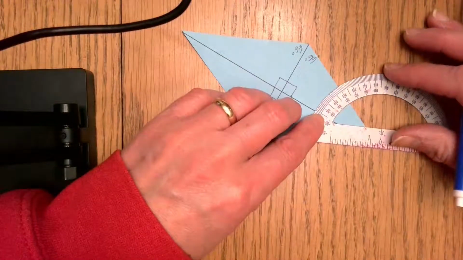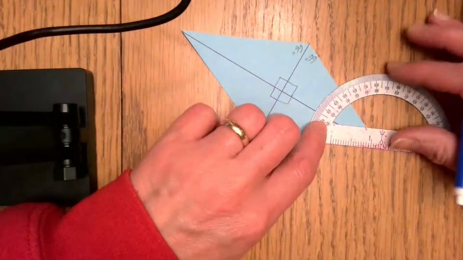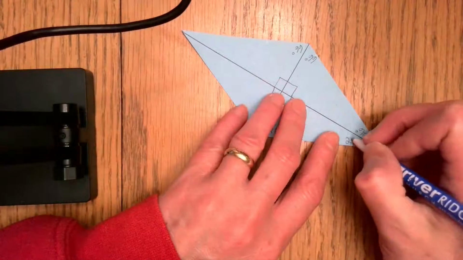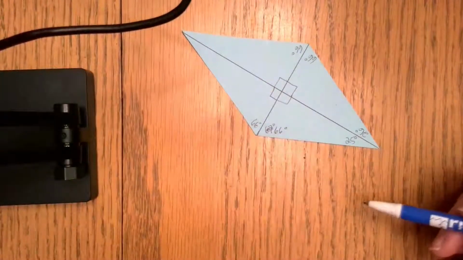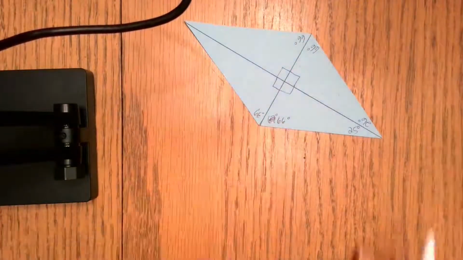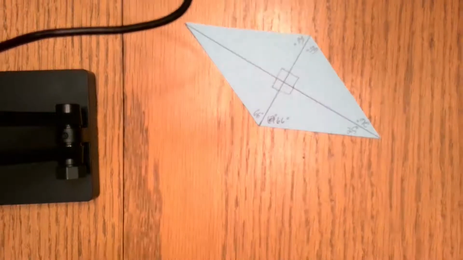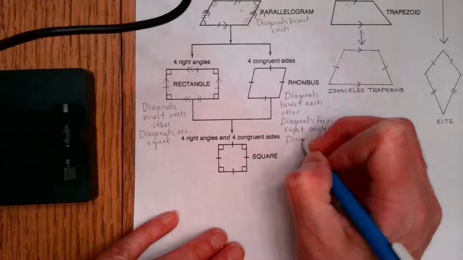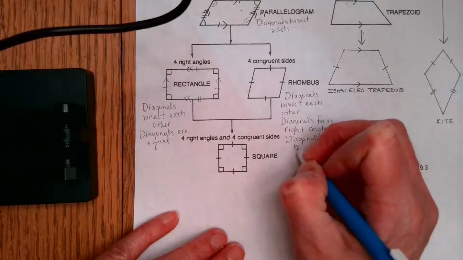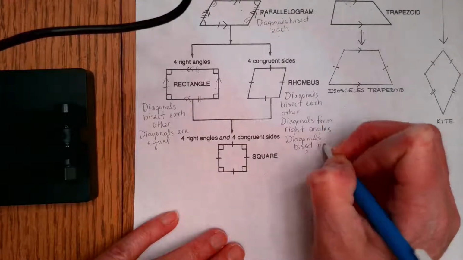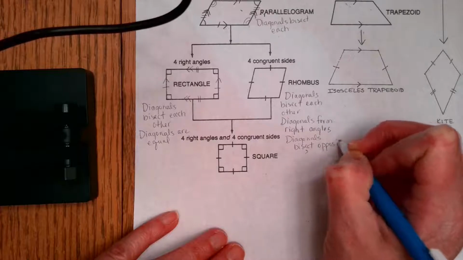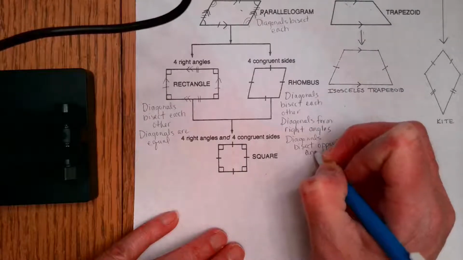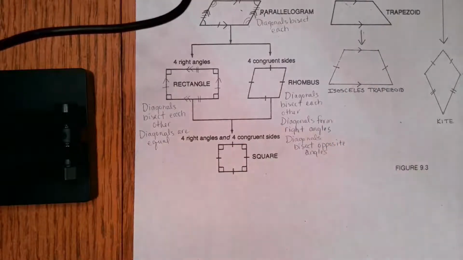I think it's lack of precision on my part because I'm getting 25. But it should be equal, and so that should happen down here as well. So the diagonals bisect each other, they form right angles, and also those diagonals bisect opposite angles. So that's what a rhombus does.